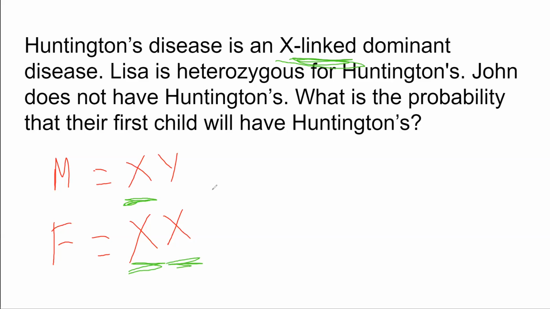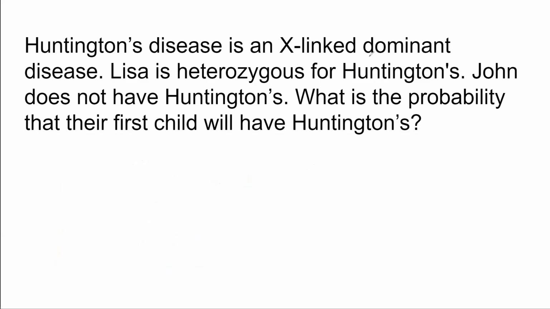So males, in this case, are what we call hemizygous. They only have one copy of that allele, because they have the Y chromosome, which doesn't carry any allele from the X chromosome. So that's the background on how we get these X-linked disorders.